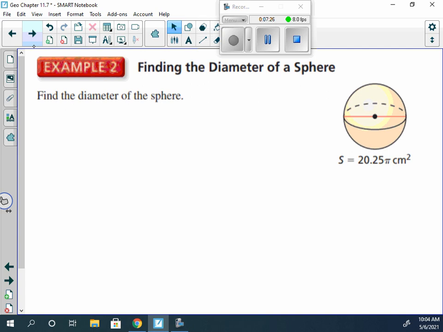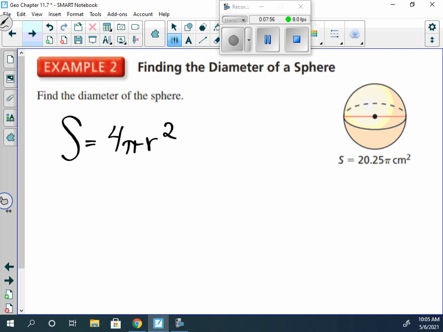Now the next thing we're going to look at is going the other way around, finding the diameter or radius given the surface area. We know that the formula for surface area is equal to 4 pi r squared. We want to find the diameter eventually, but we do know that the diameter is equal to twice the radius, and the radius is half the diameter, so we can get there.